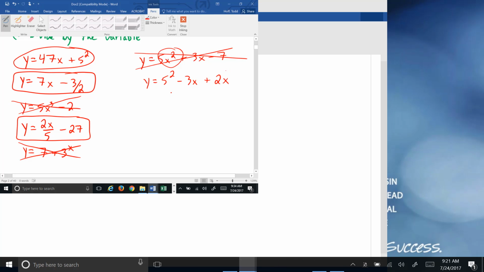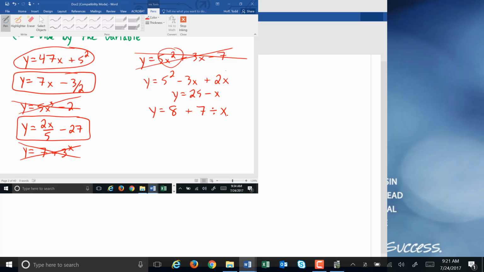Yes, because that just combines to make y equals 25 minus x, right? 5 squared is 25, negative 3x and positive 2x is just negative x. How about that one? You're exactly right.